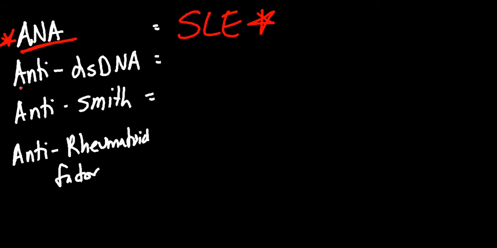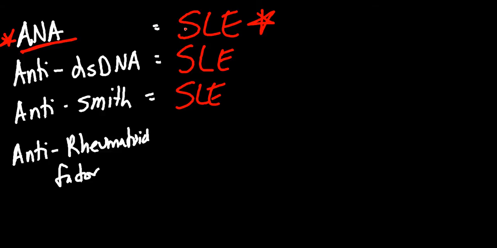Now, we've also got these other antibodies. If you see anti-double-stranded DNA, I also want you to think about SLE. If I see anti-Smith antibodies, I'm going to be thinking SLE. See how this is kind of how I said not every antibody is specific and sensitive. You may see multiple antibodies.